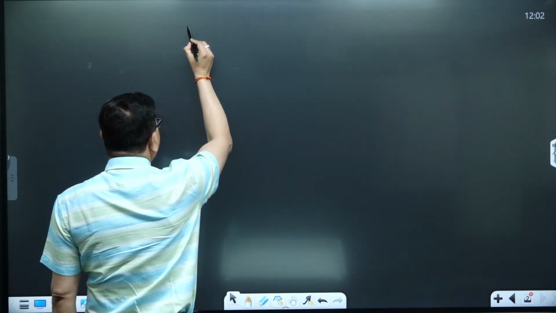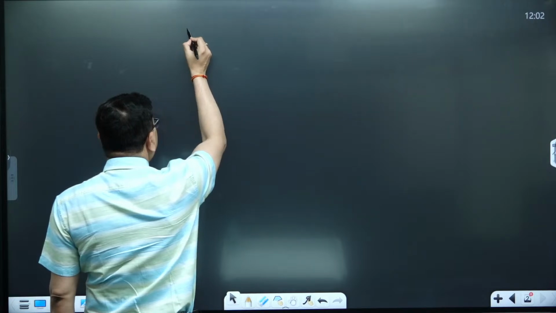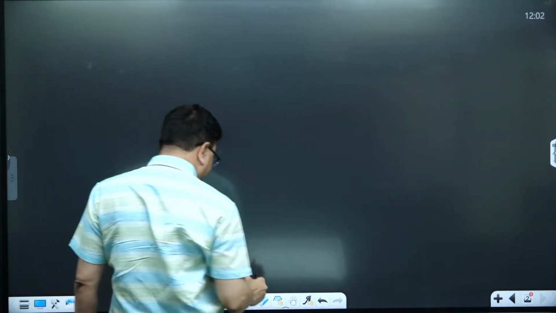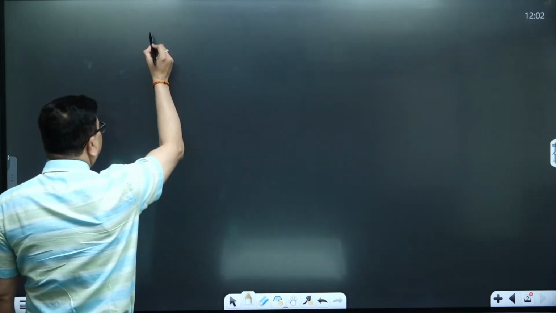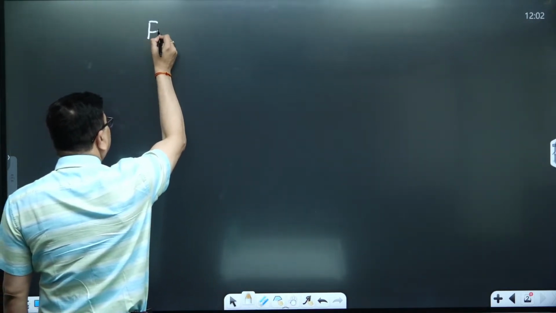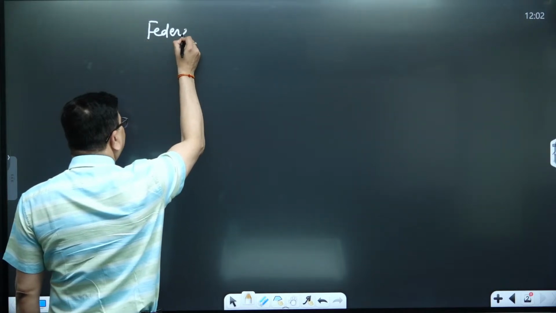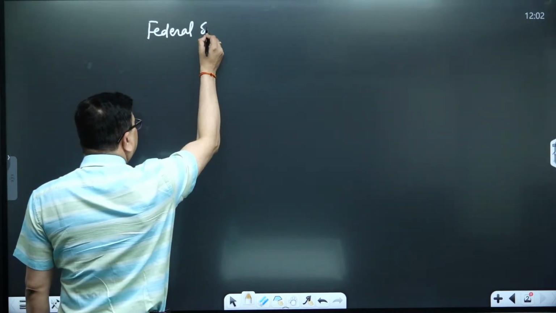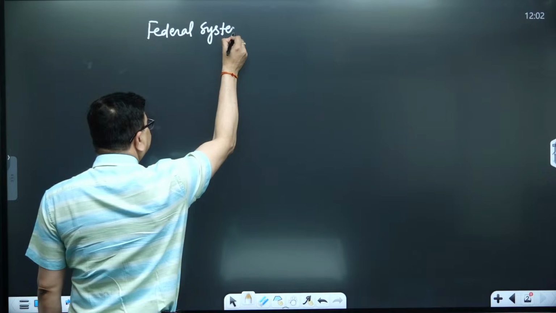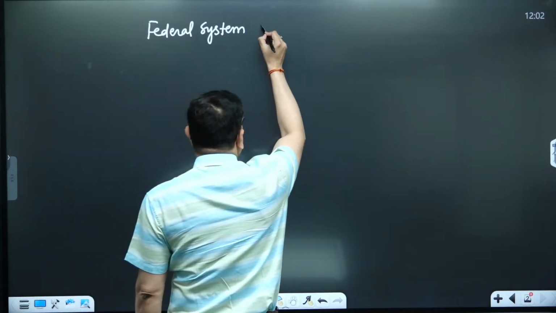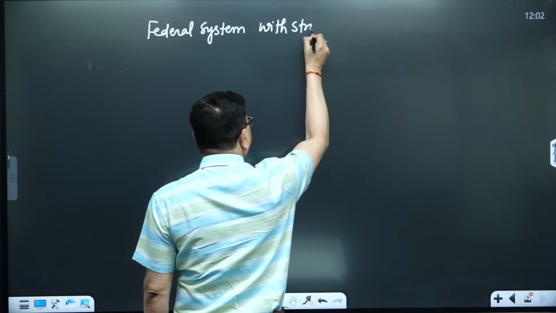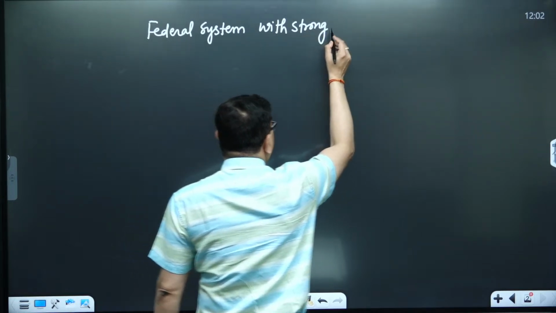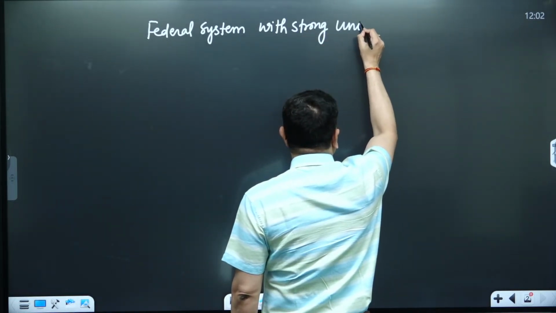So, with respect to India, we say that it is a federal system with strong unitary features.